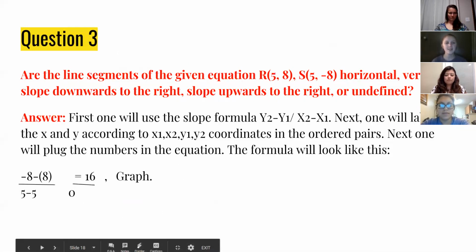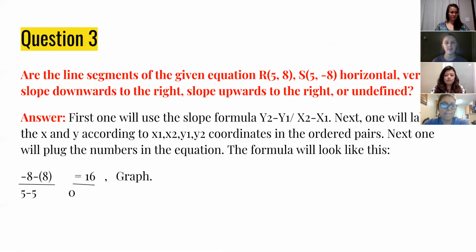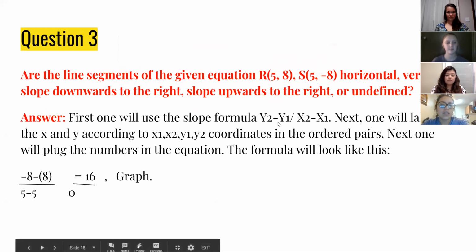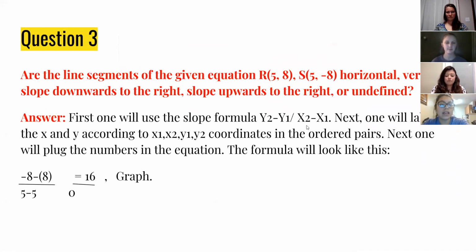Is the line segment with point 5, 8 and point 5, -8 horizontal, vertical, sloping downwards to the right, sloping upwards to the right, or undefined? First, one would use the slope formula, y2 minus y1 divided by x2 minus x1. Next, one would label the x and y coordinates in the ordered pairs.